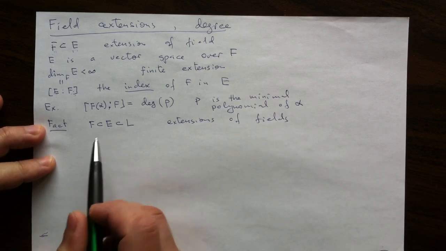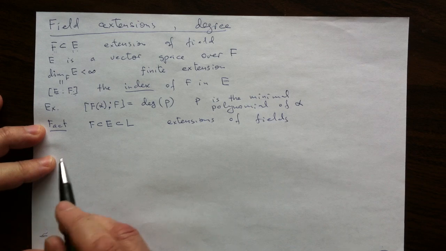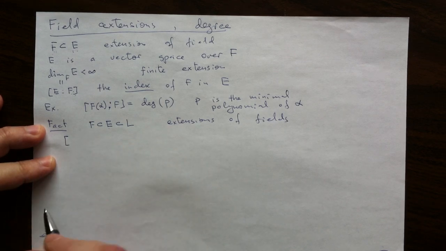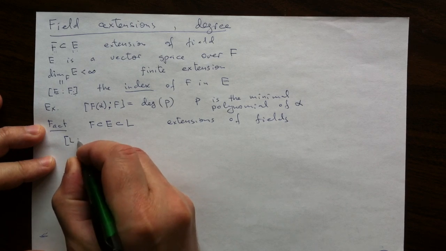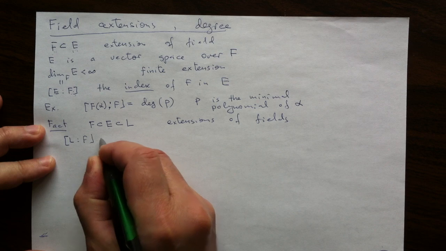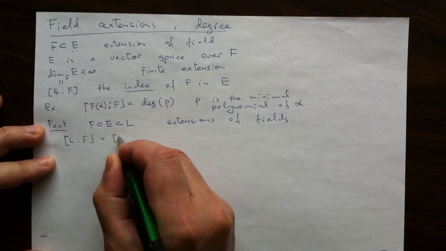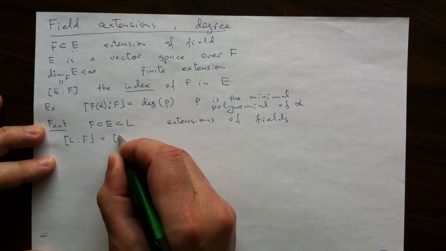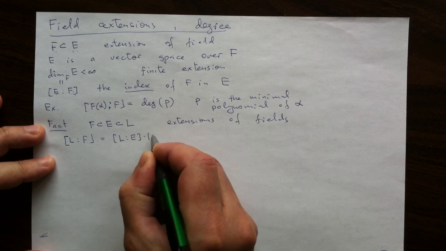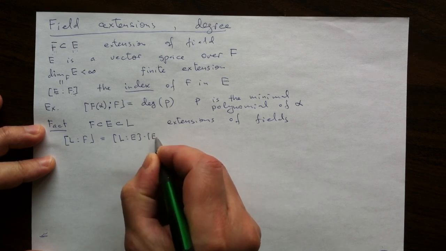Then we have the following relation between the indices. So the larger index, the index of F inside L, will be the product of two smaller indices, the index of E inside L and the index of F inside E.